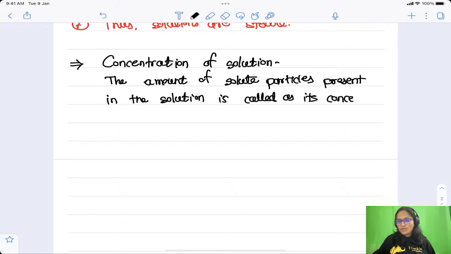Okay, that is the definition of concentration.